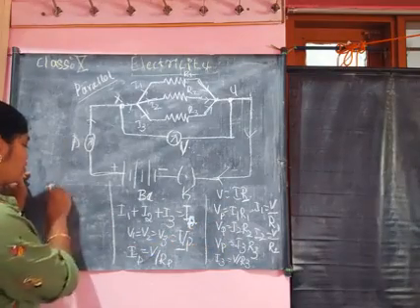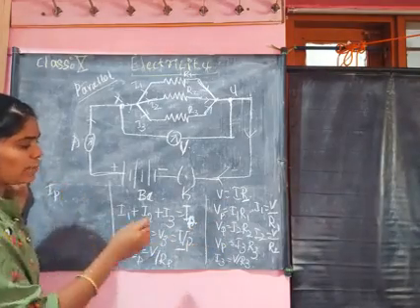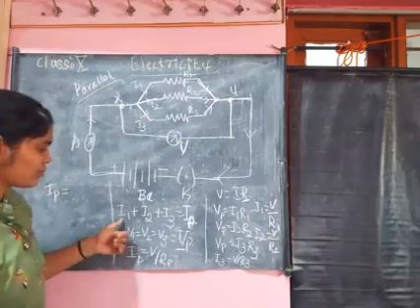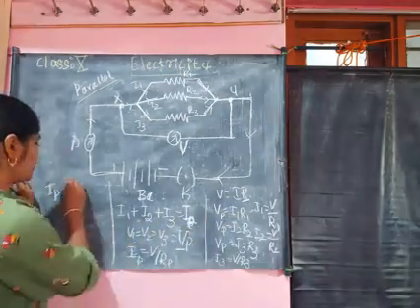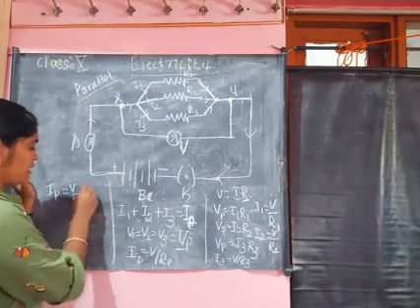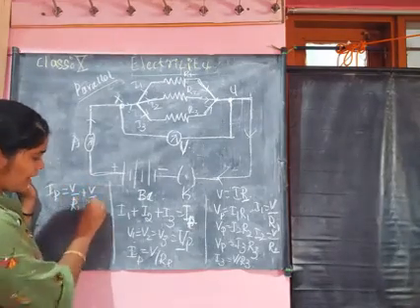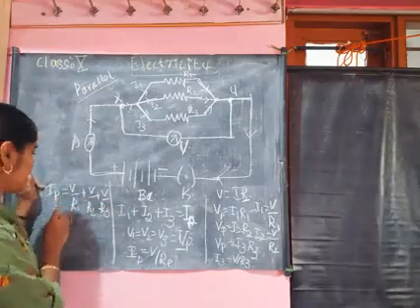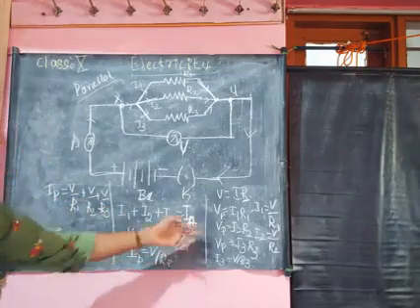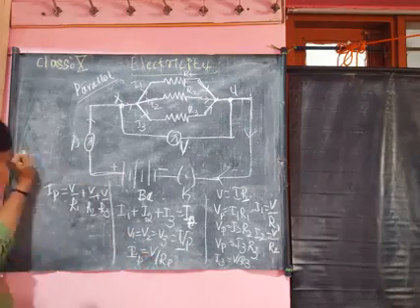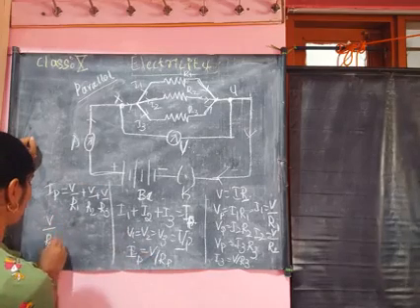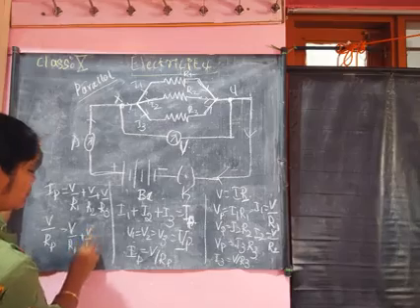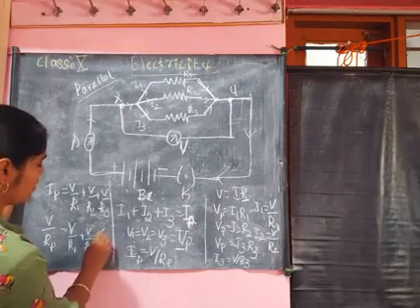So IP is I1 plus I2 plus I3. I1 is V by R1, then V by R2 and then V by R3. So here IP is there. So IP is nothing but V by RP equals V by R1 plus V by R2 plus V by R3.